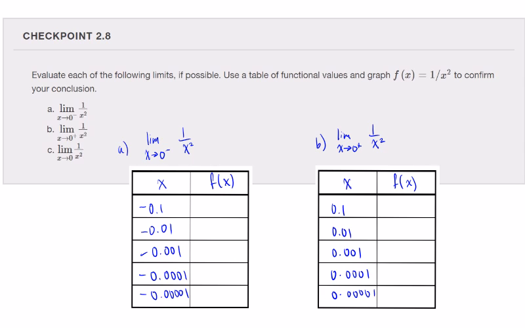Okay, and so if I plug in negative 0.1 here and I square it, I'm going to get positive 0.01. That's what happens when you square 0.1, you get 0.01. If you square a tenth, you get 100th, right? And that's basically what happens here.